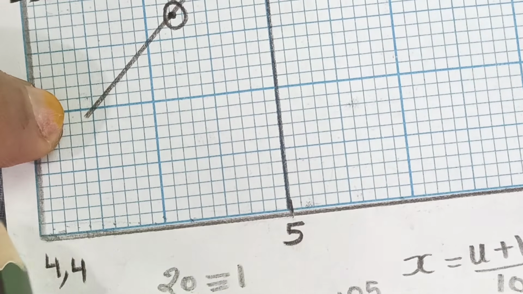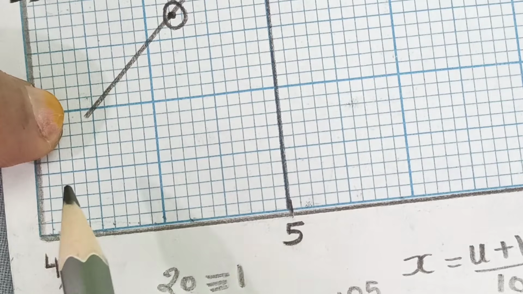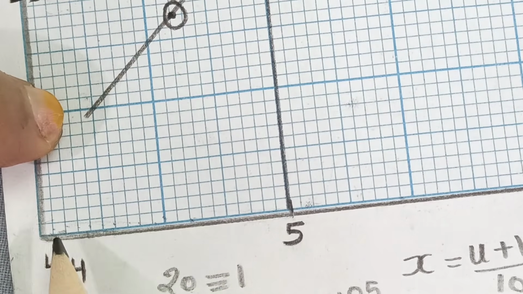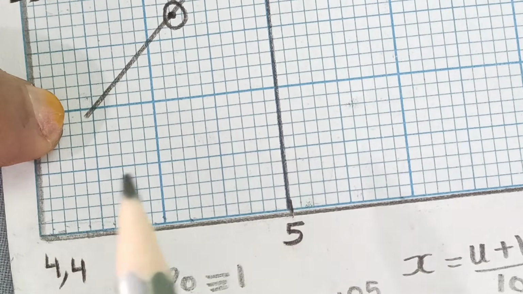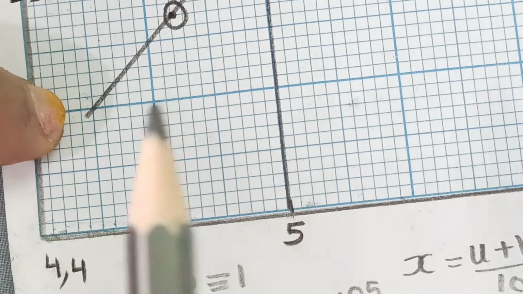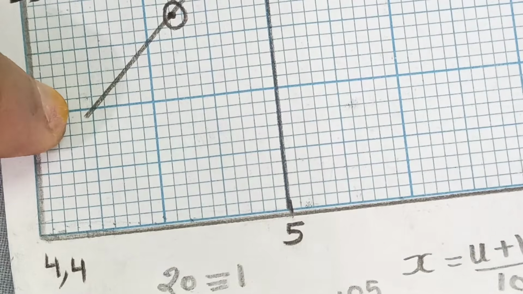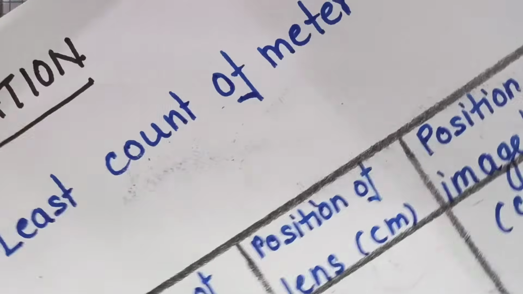So each small division is reading 0.05 according to the scale we have taken, and 2 divisions together will read 0.1. So now we are ready to plot the graph, and just look at the readings. We have to plot x and y.